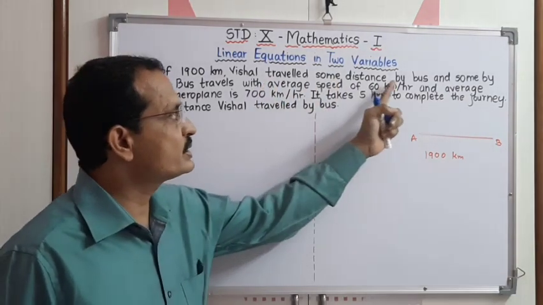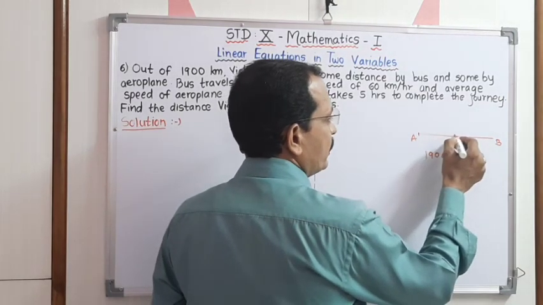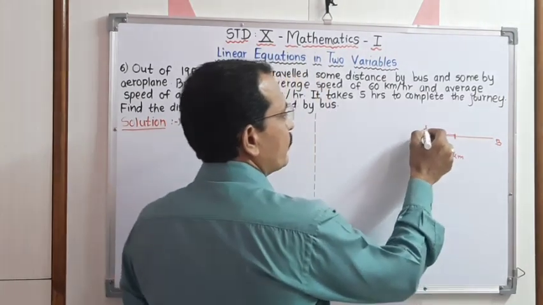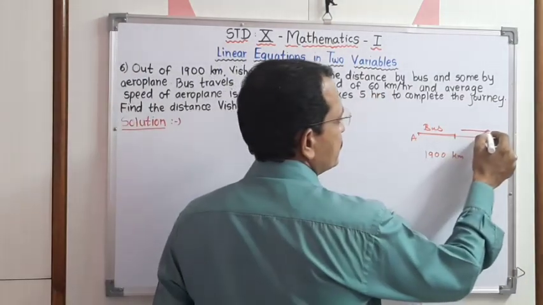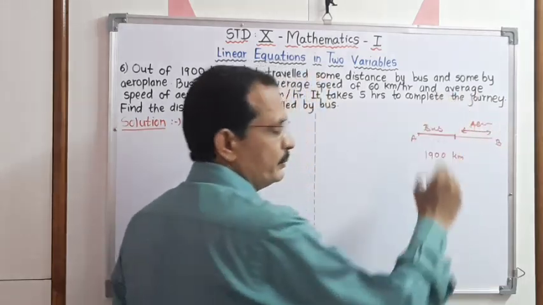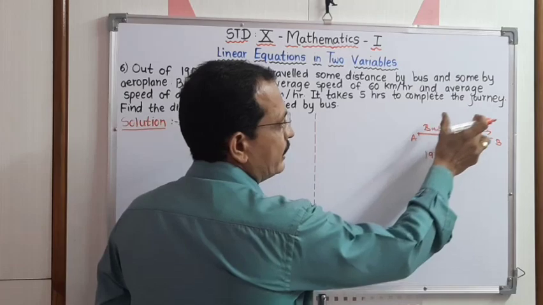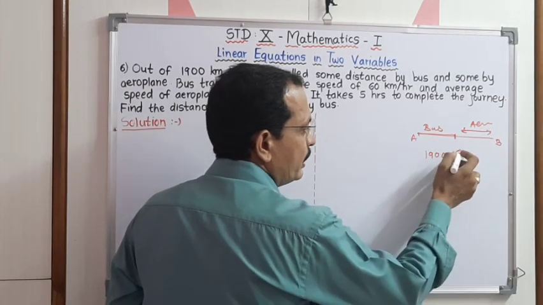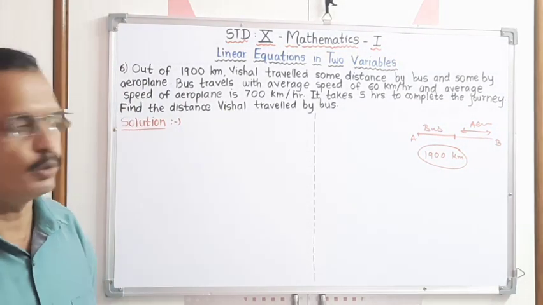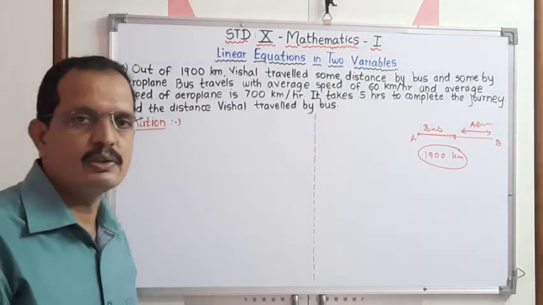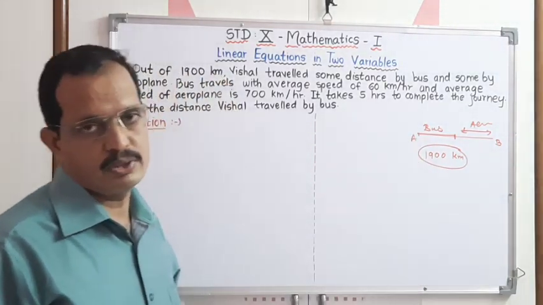First, some distance by bus, that means from A this much distance he travels by bus, and this much distance he travels by aeroplane. If we make the sum of the distance traveled by bus and the distance traveled by aeroplane, it will be 1900 km. This is our first information, and from that we have to make the first equation.